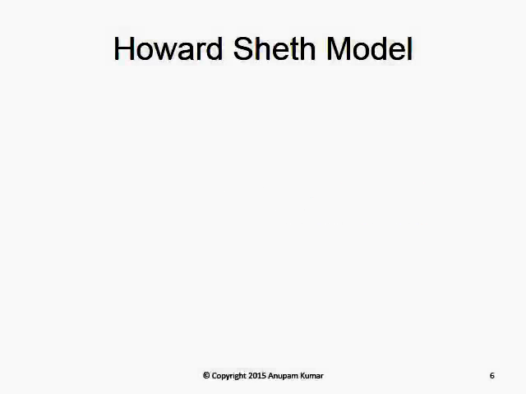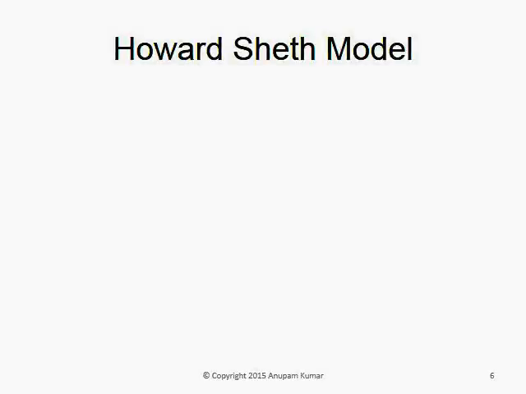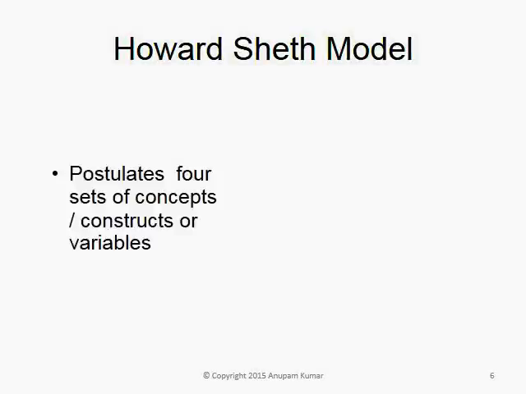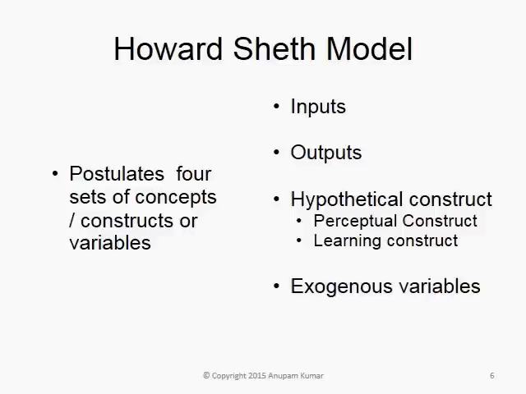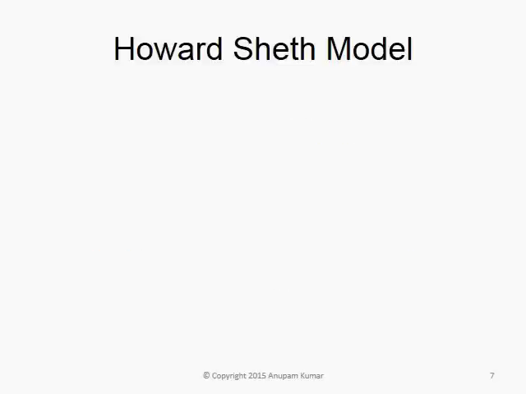Now, let us look at the parts of the Harvard Sheth model, which are referred to as the postulates or set of constructs, concepts, or variables. First is the inputs, next is output, third is the hypothetical construct, which consists of the perceptual construct and the learning construct, and finally we have the exogenous variables.